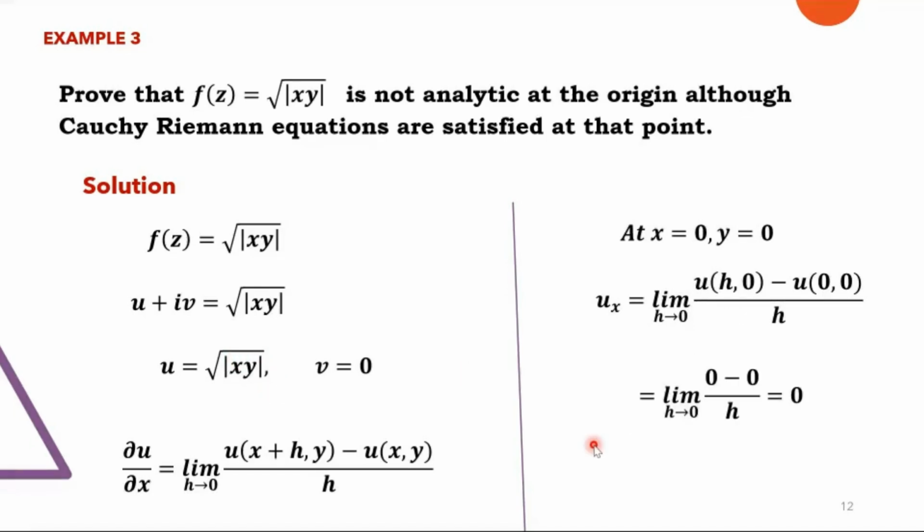That is equal to 0 minus 0 upon h, that is equal to 0. है ना? यहाँ पे दो function u के है ही नहीं, एक ही function में defined है function. तो u is equal to root of mod xy. तो u of h comma 0 यहाँ से निकालना है, u of 0 comma 0 भी यहीं से निकालना है.